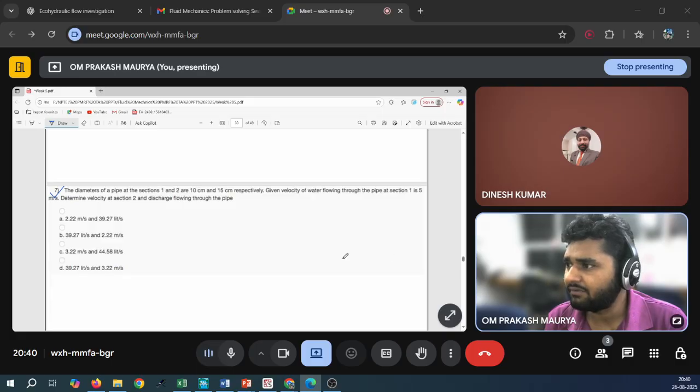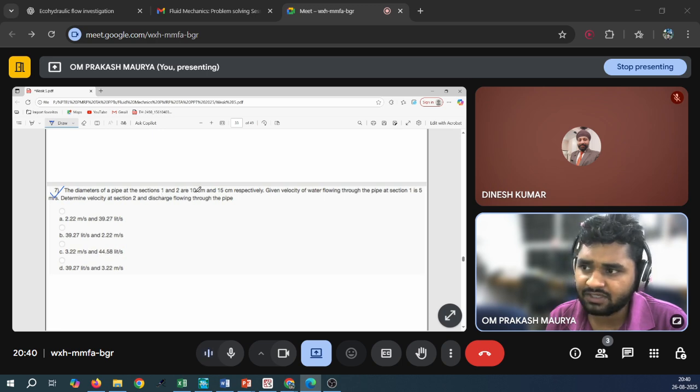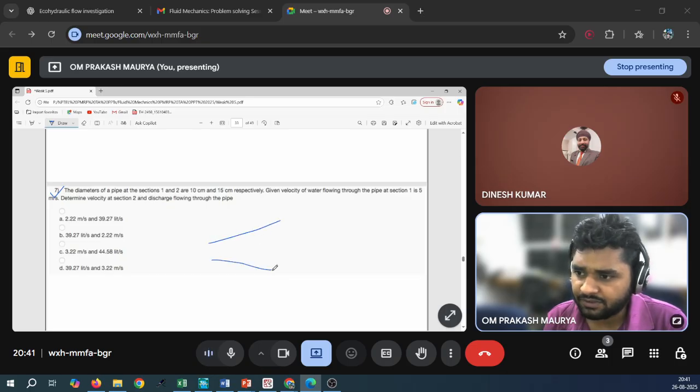Question number 7 is about the diameter of a pipe at section 1 and 2, which are 10 centimeter and 15 centimeter respectively. Given that the velocity of water flowing through the pipe at section 1 is 5 meter per second, determine the velocity at section 2 and the discharge flowing through the pipe. So you have a tapered situation.